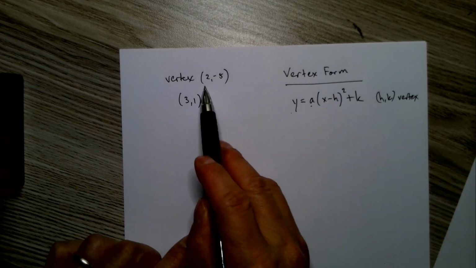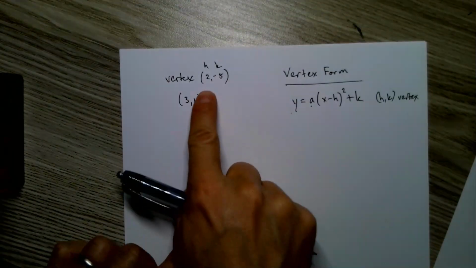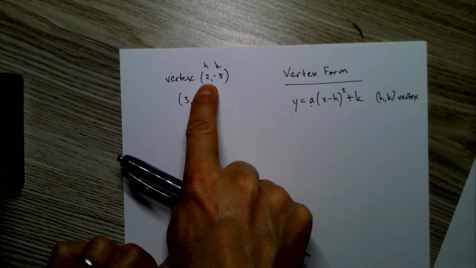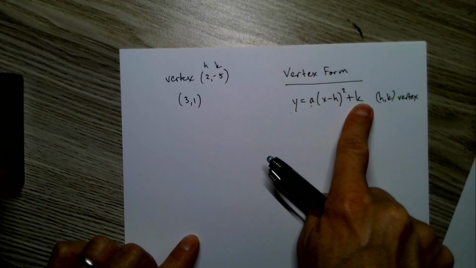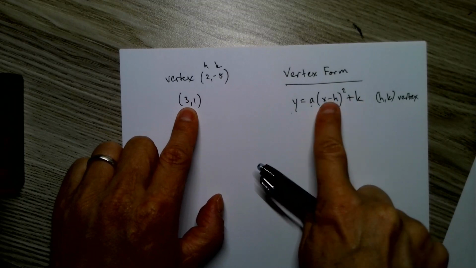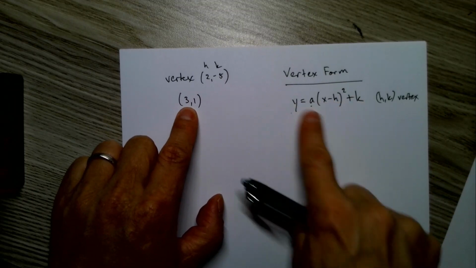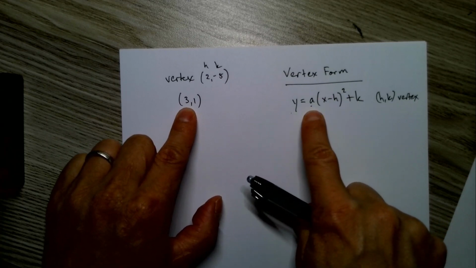So since I'm given the vertex, and this is h, and this is k, I can put the h value here, I can put the k value here, and I can put this ordered pair (3, 1) into x and y. And if you can envision me doing that, I can then solve for a.